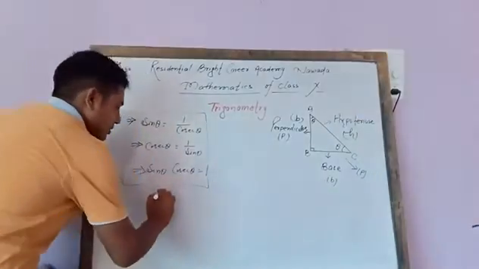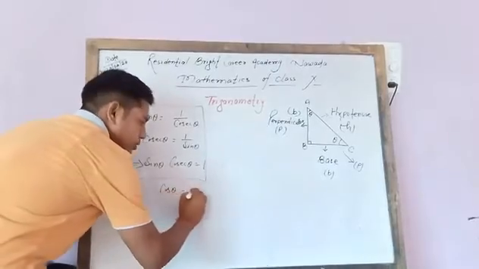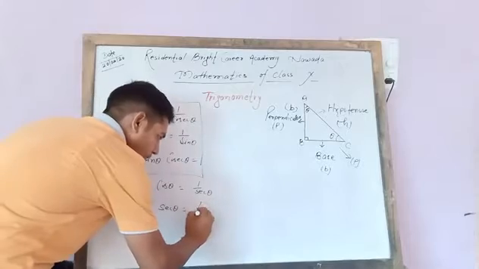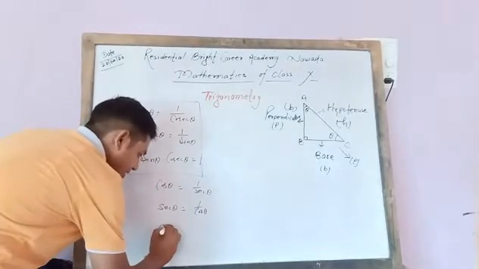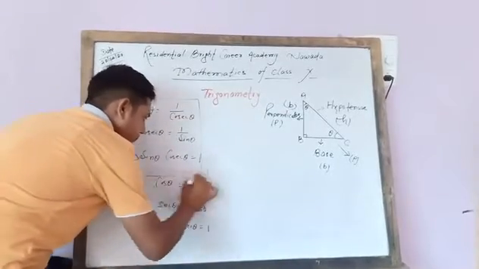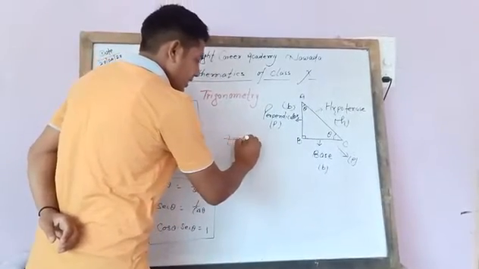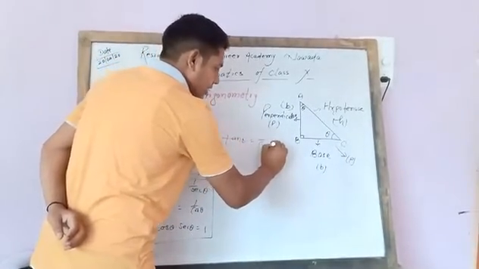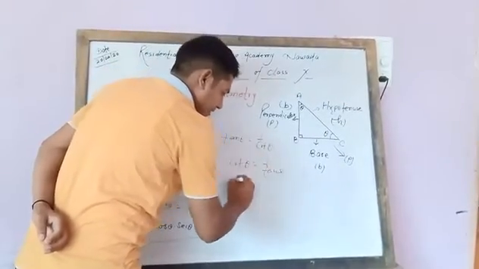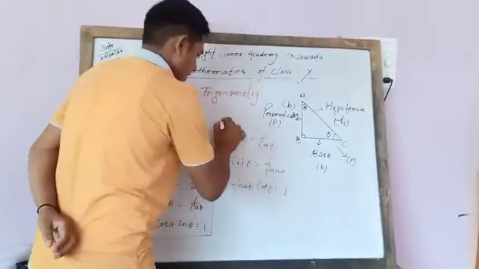Similarly, cos theta is equal to 1 upon sec theta, and sec theta is equal to 1 upon cos theta, and cos theta into sec theta is equal to 1. Next, tan theta is equal to 1 upon cot theta, and cot theta is equal to 1 upon tan theta, and tan theta into cot theta is equal to 1.